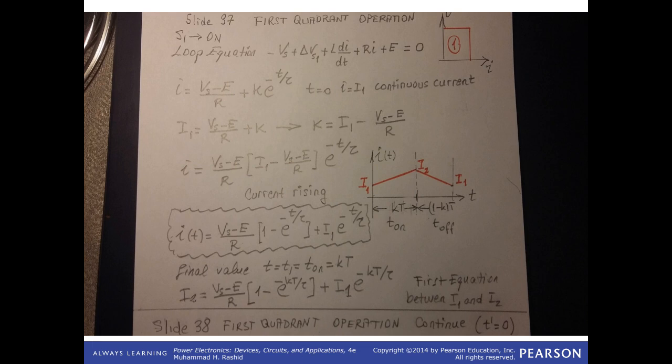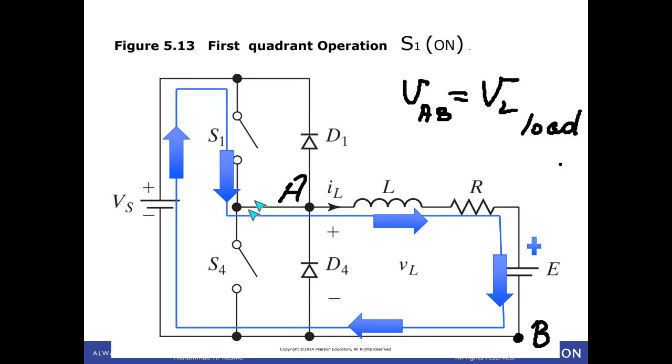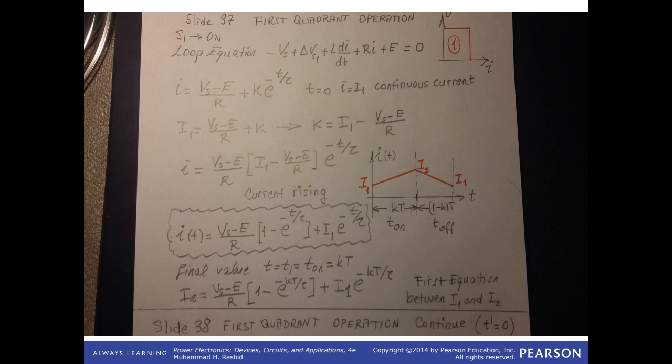So we studied that part. But now we are going to turn this switch off. What's going to happen? Because of the stored energy, current is going to flow like this. But the current is equal I2. Never forget that.